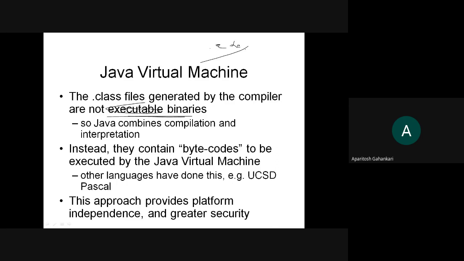So the first step is compilation. What is the second step? In the second step, we are going to run things on the Java virtual machine, which is nothing but interpreting the program. So instead they contain the bytecode to be executed by the Java virtual machine. So what is the Java virtual machine going to execute? The bytecode. And where is the bytecode? In the dot class file. So the dot class file will contain the bytecode.